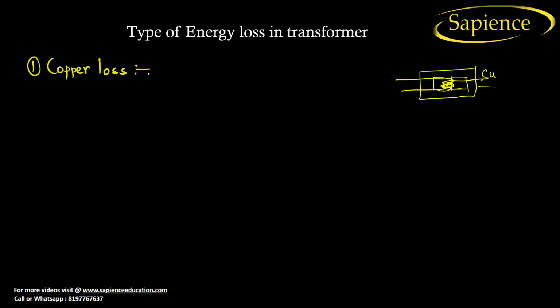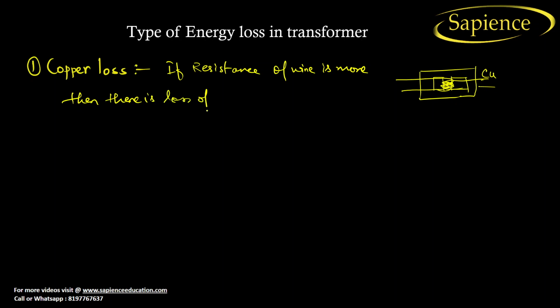If the resistance of the wire is more, then definitely there is a loss of energy due to heat, because when current passes, heat is generated.